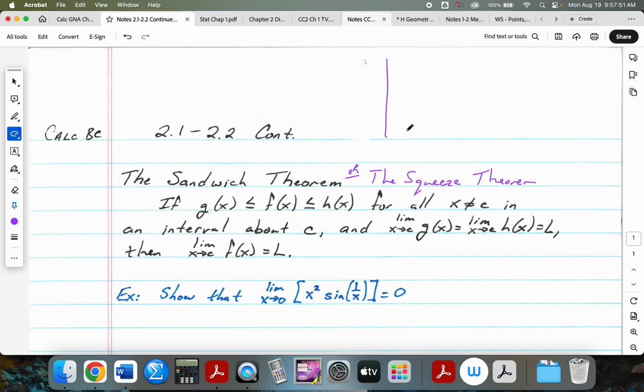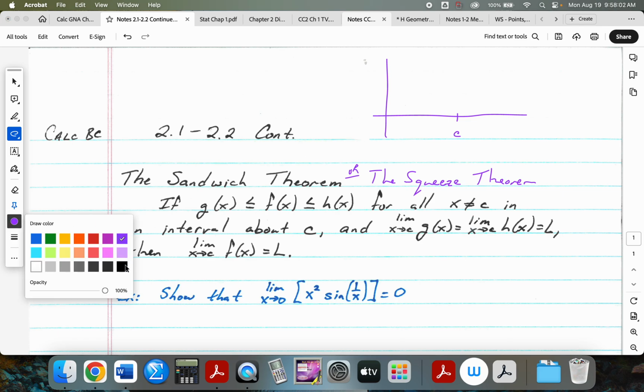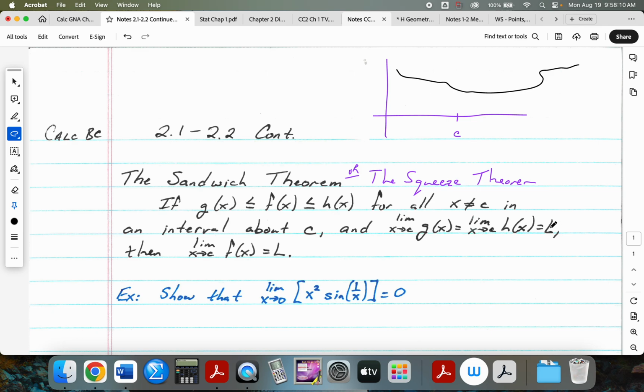So what's happening is this. We have some point c. And g of x is always on top. Don't know what it looks like, don't really care what it looks like.